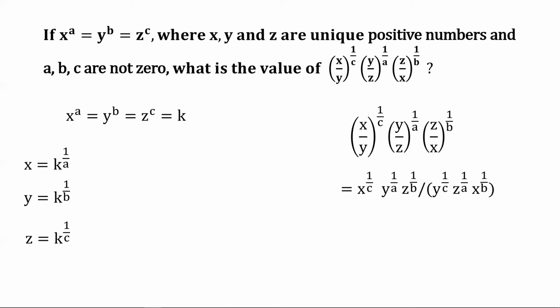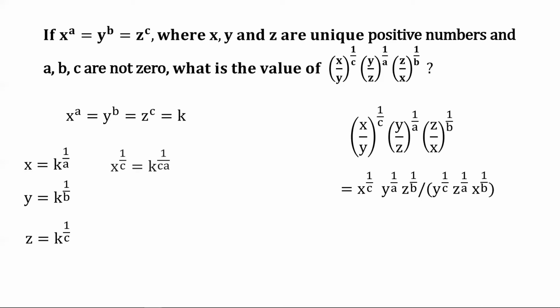In the numerator we have x to the power 1 by c multiplied by y to the power 1 by a multiplied by z to the power 1 by b, and similarly in the denominator we have y to the power 1 by c multiplied by z to the power 1 by a multiplied by x to the power 1 by b.